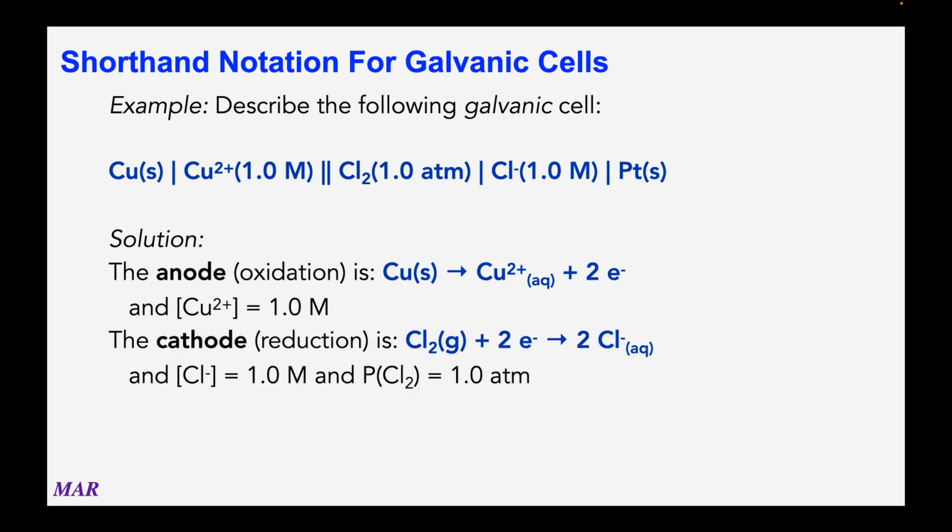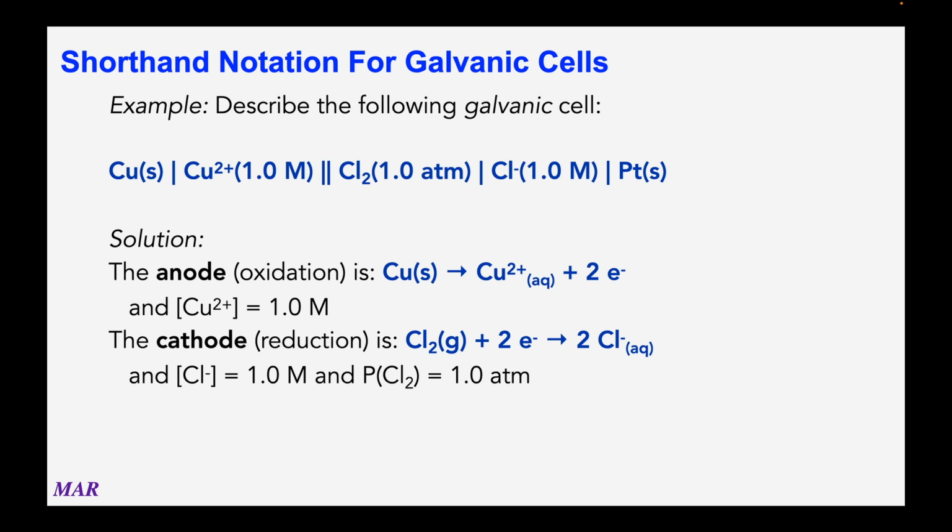Then you've got the salt bridge on the other side that separates the two compartments. And on the other side of this, you've got chlorine going to chloride. Remember, electrons are always flowing left to right. So chlorine, Cl2, is gaining 2 electrons to become 2 chlorides. And the chlorine gas, which is a gas, by the way, it's one of the red elements if you have a periodic table that shows the phases.